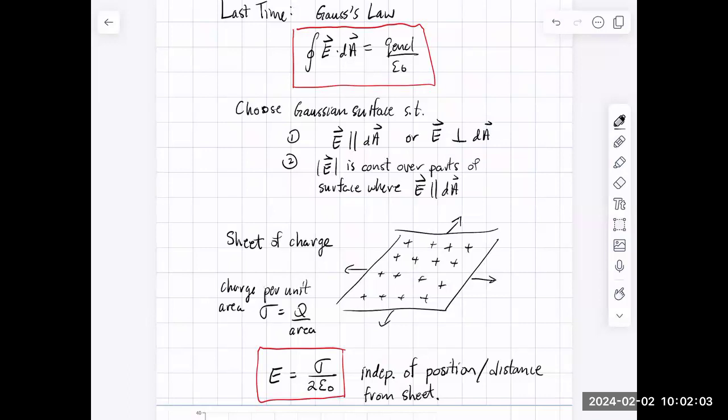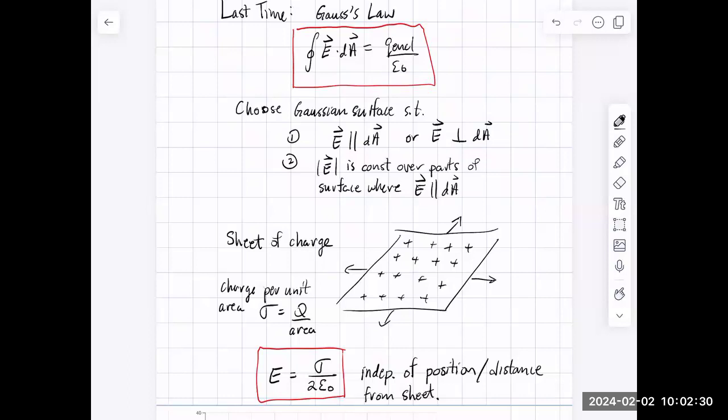Now, in general, evaluating that integral is difficult, but we came up with some strategies that make this calculation a little bit easier. The strategies involve picking a surface that surrounds our charge distribution, and choosing that surface so that the electric field is either perpendicular or parallel to different parts of that surface.